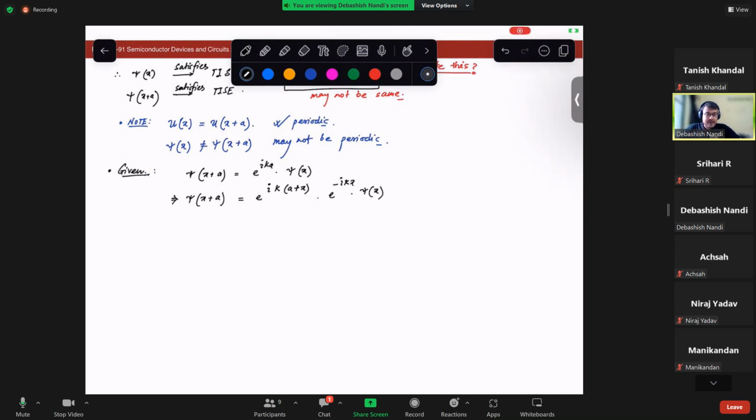Is that fine? So now psi of x plus a into e to the power, this comes out to be minus i k of x plus a.